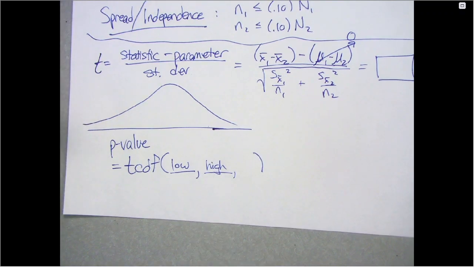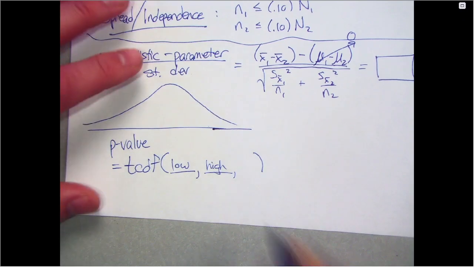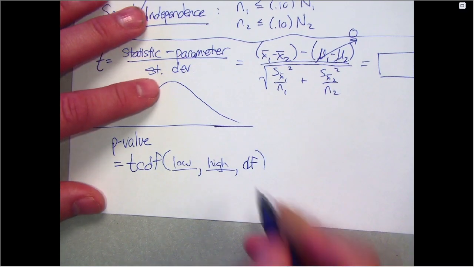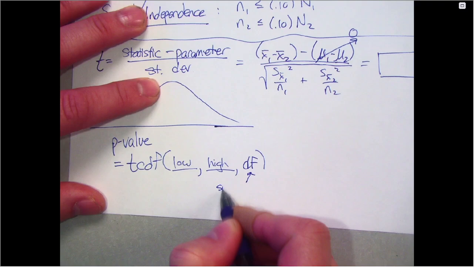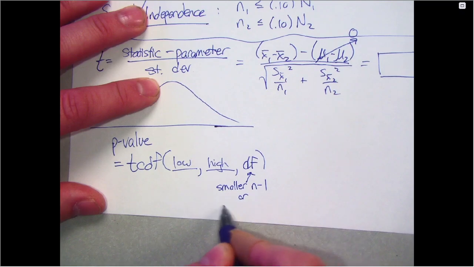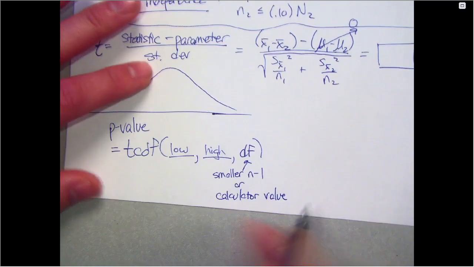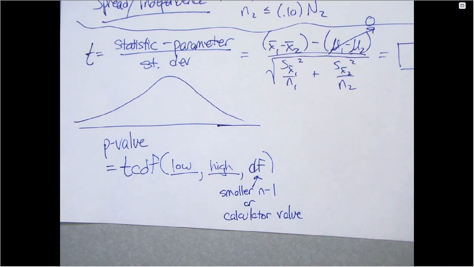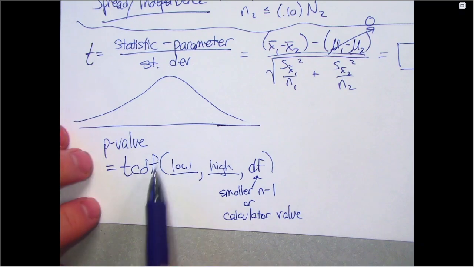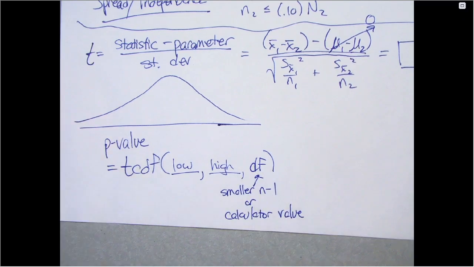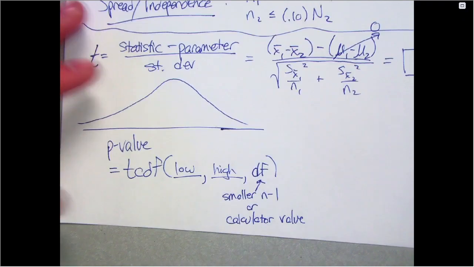Which is good, because then you're going to be like, oh yeah, for T's I need degrees of freedom. That could be the smaller n-1, or what the calculator tells you. You're never going to actually type this in, you just got to make sure you're jumping through the hoop to show I did it, it's right there.